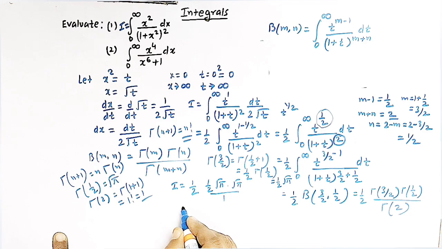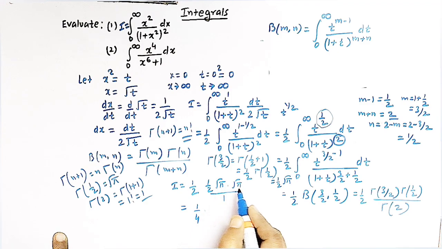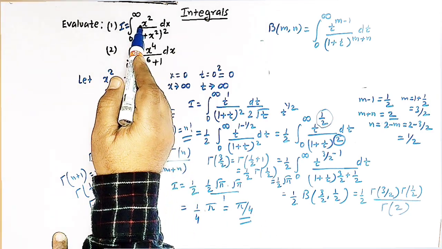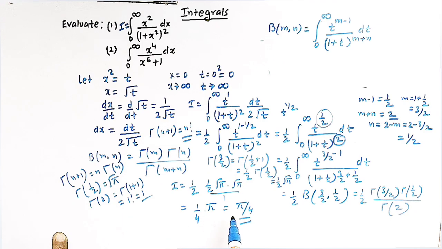So here we have 1, so this is half times half is 1 over 4, and here root pi times root pi is pi, right? So we have pi over 4. So the value of this integral I is equal to pi divided by 4.